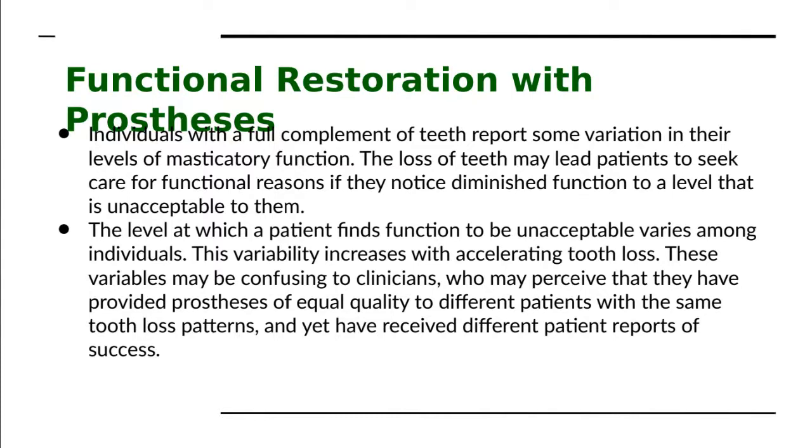So the level at which a patient finds function to be unacceptable varies among individuals. This variability increases with accelerating tooth loss. These variables may be confusing to you, and you may perceive that you have provided prostheses of equal quality. You may think that I've given the best quality of prosthesis to both the patients, but some patients accept it very fast, some patients don't accept it, and it all depends on the patient's report of success.